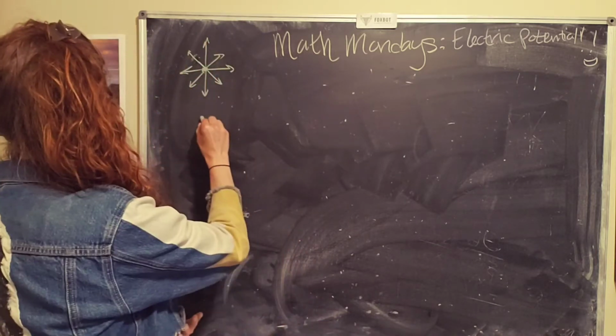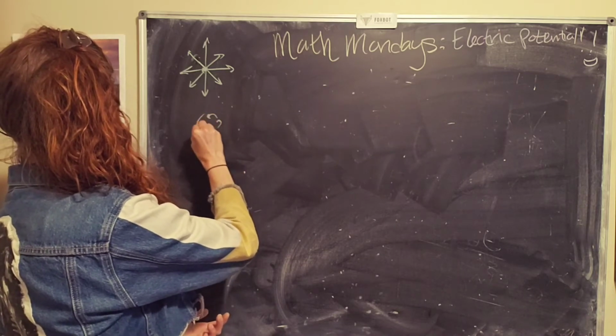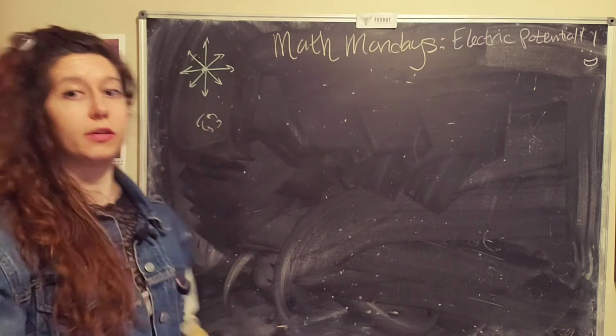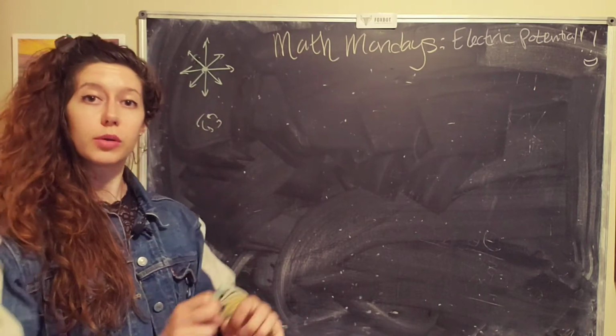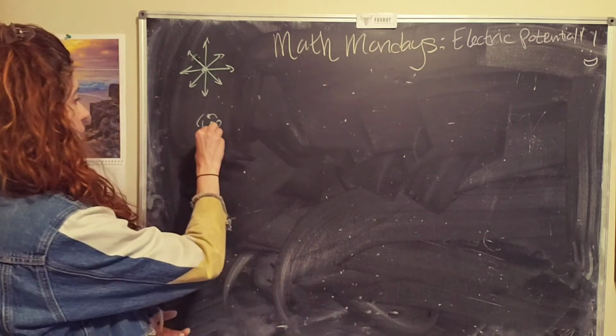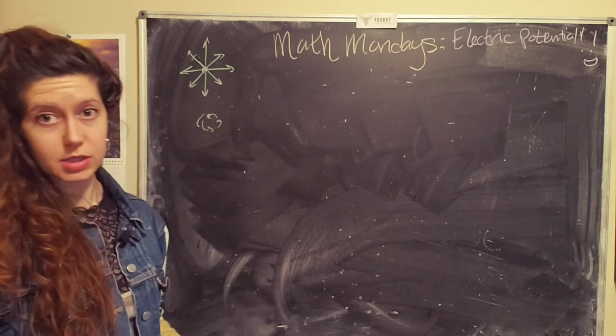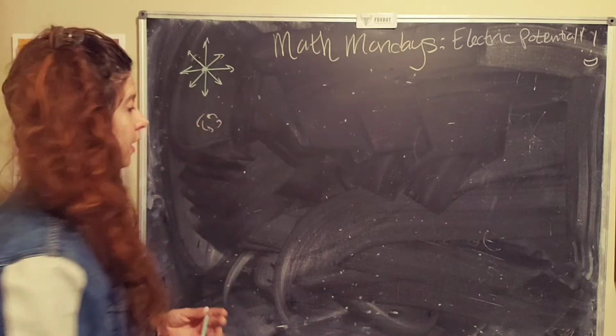If we had a field that was more like this, and we dropped the leaf somewhere, the leaf would be rotating. And so in this case, we would say that the field is divergent, but there's no curl. And in this case, we would say that there's no divergence, but there is only curl. So the leaf just moves around and around.